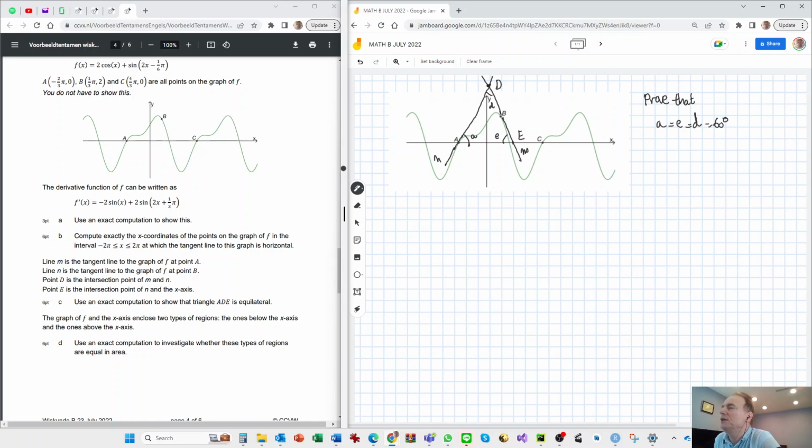And angle E is probably a little bit more complicated because you need to find point E first. But proving it for 2 angles is good enough, since we know that the sum of the angles has to be equal to 180. So let's calculate A and D.